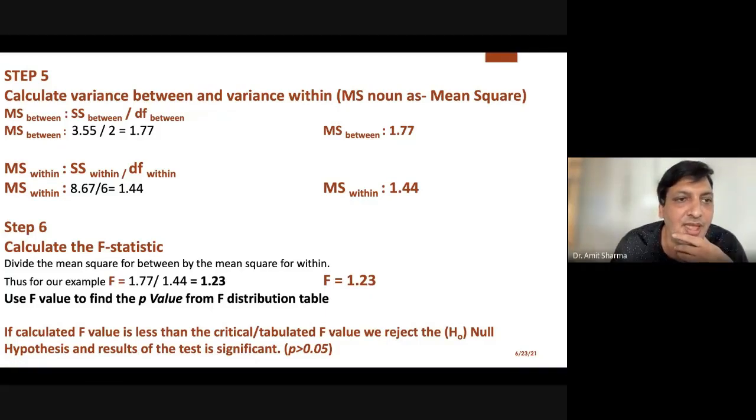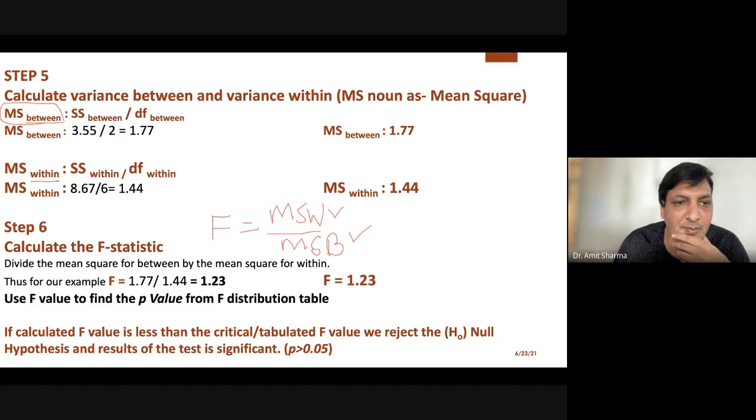For example, MS you have to calculate for between and for within, because the formula for F is what? F is MSB divided by MSW.